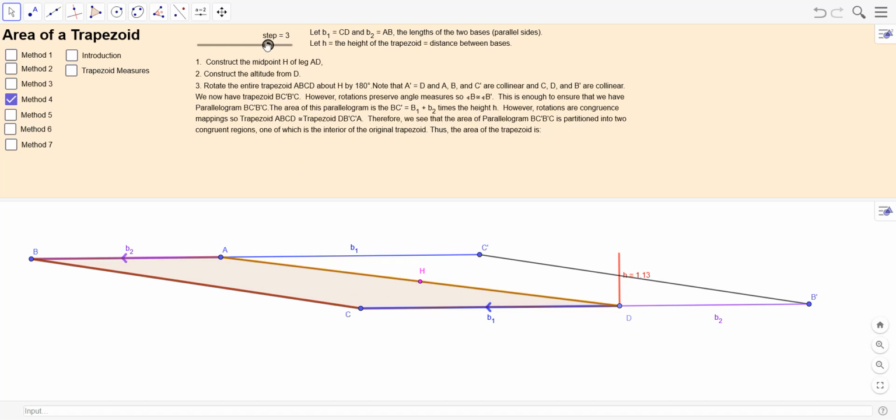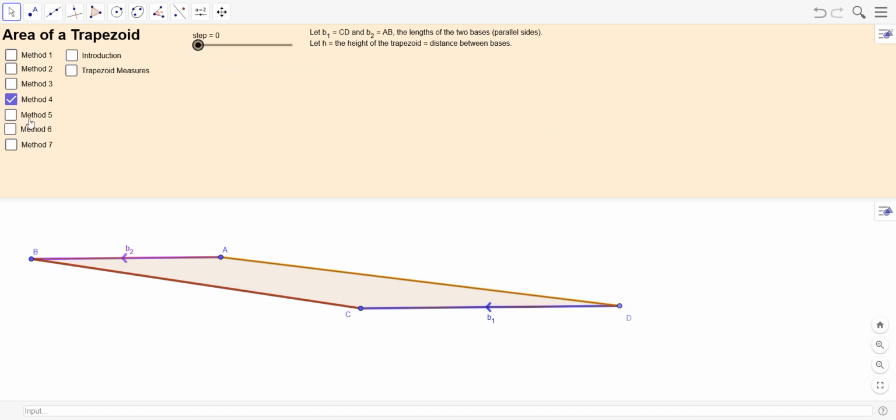Okay, so what's the formula? Well, the base here is base 1 plus base 2, and then the height is h. So you multiply that together to get the area of the parallelogram, but then you need to do half of that. So you could write the formula that way. All these different algebraic formulas can be manipulated together to get from one to the next.